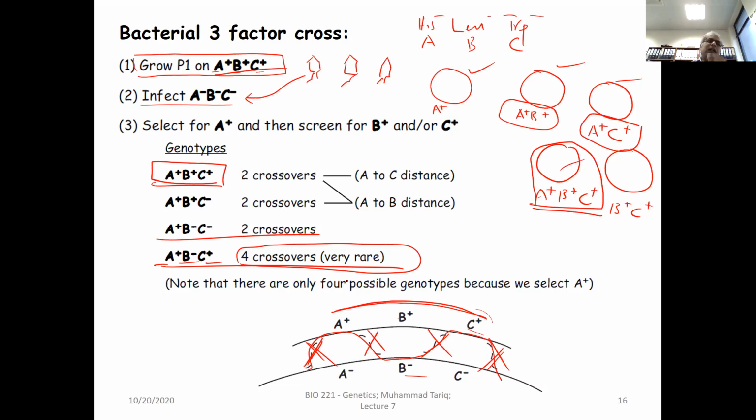Purpose of bringing bacterial genetics in this course is that it's a very different genetic analysis. You don't have the luxury of having homologous chromosomes. You don't have the luxury of saying, okay, I set up a test cross, I set up a back cross. Bacteria simply divides by asexual reproduction.